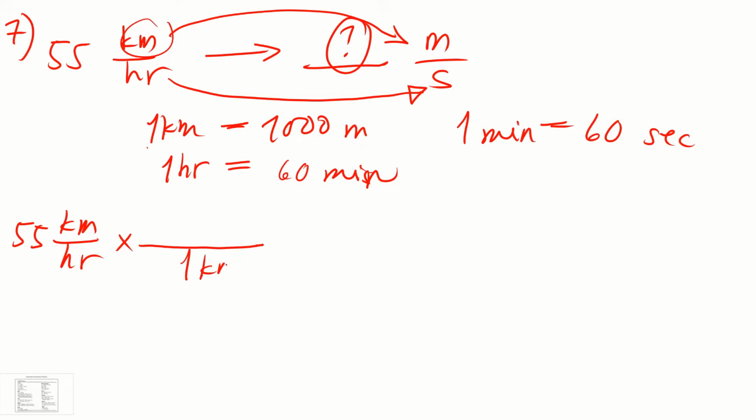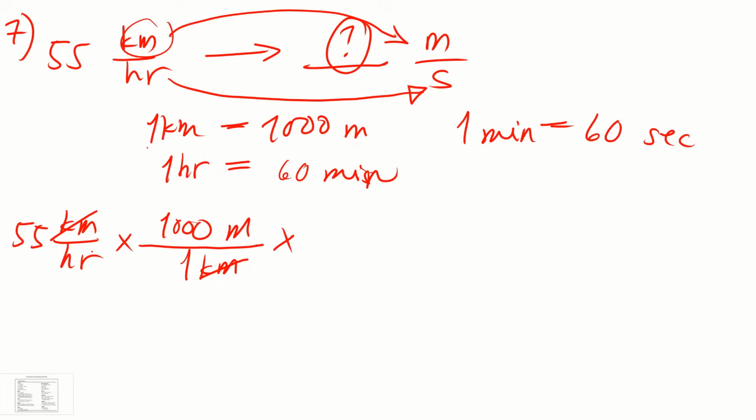So 1 kilometer, and then si meter nasa taas. So 1,000 meter. So again, mas madali kung isusulat niyo muna yung units. So identify niyo muna kung nasaan yung mga units, and then sulat niyo yung units before the number.